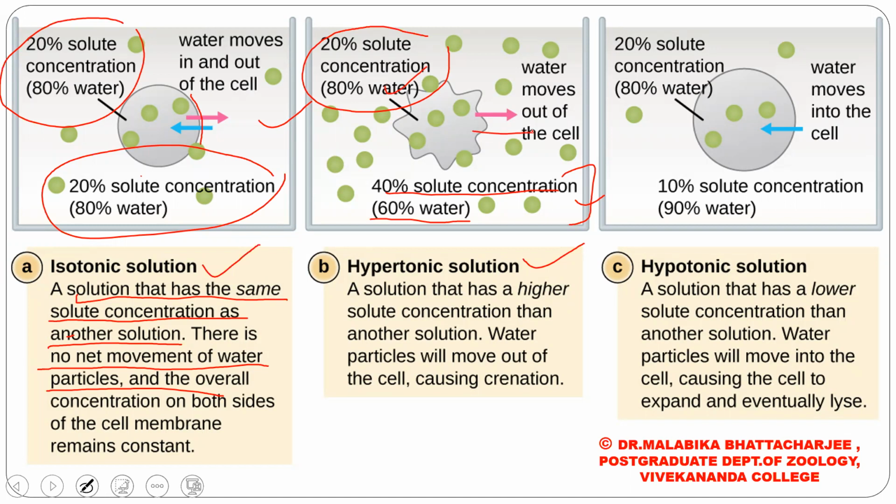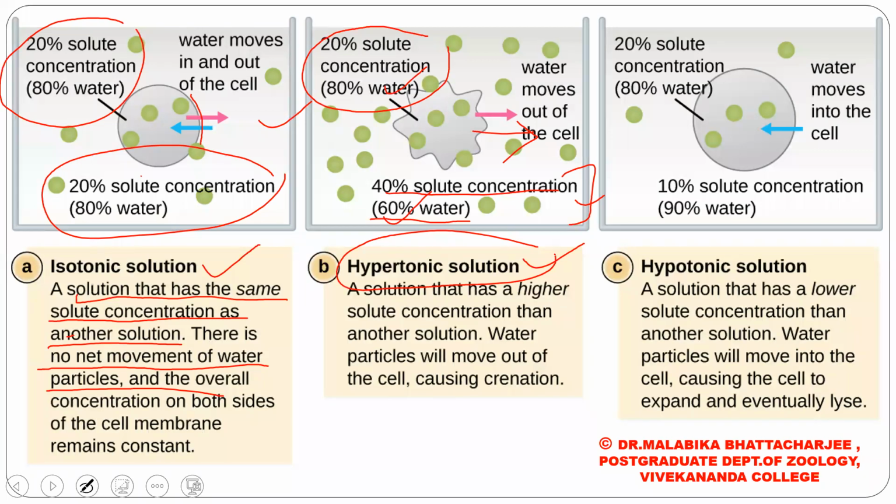There will be a tendency of the water molecules to move out from the cell so as to increase the water concentration outside the cell, thereby decreasing the total concentration of the solute outside the cell. These types of solutions are known as hypertonic solution. So when you place a cell in a hypertonic solution, keep it in mind that water molecules will move from within the cell to the exterior of the cell.